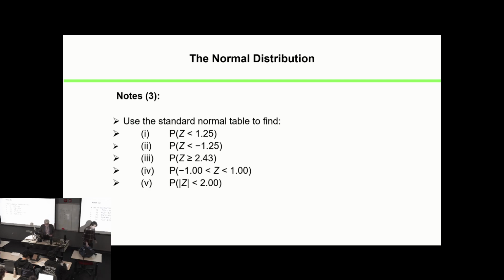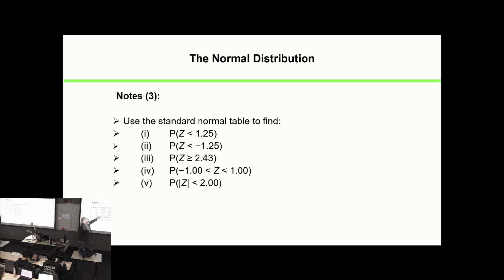Okay, so last day we were working on these, running through a couple of these very quickly. One was the probability the absolute value of z was less than 2, and that was not that hard to get. This is almost the same thing.